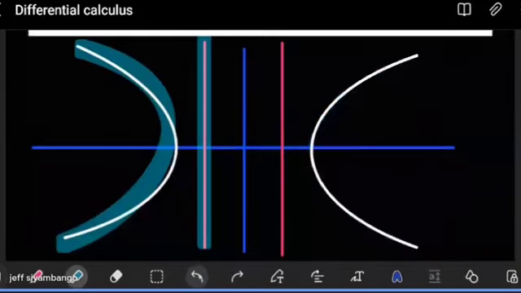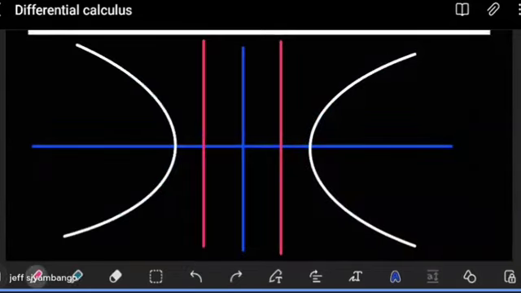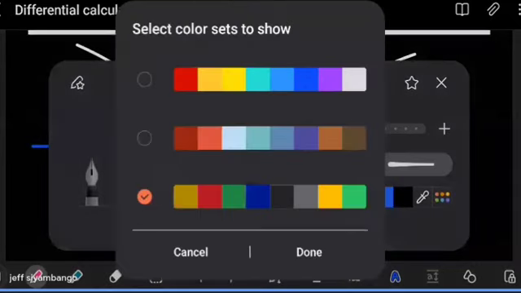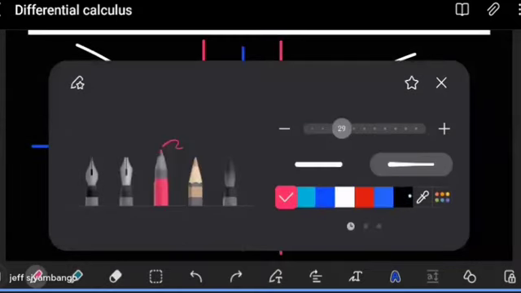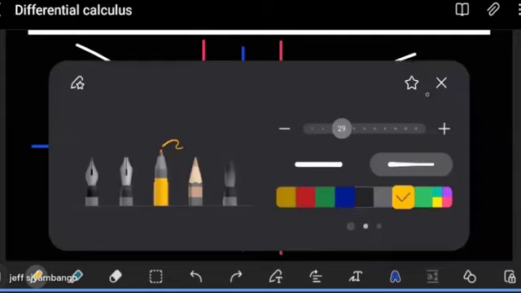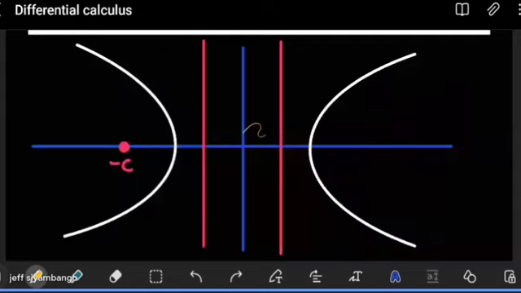Then what you have to understand here is, for this being the focus of this piece, given by negative c, the distance from the center up to the focus is c.